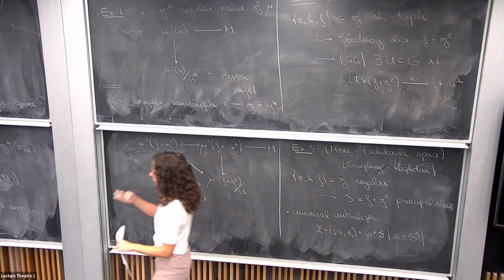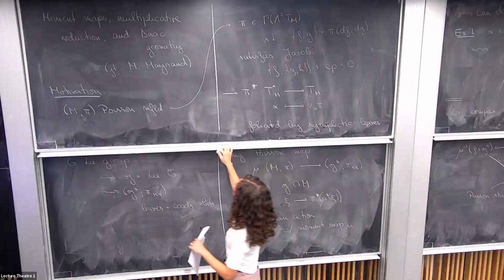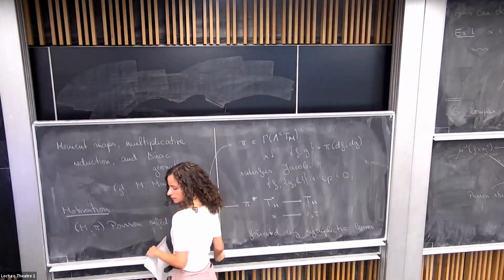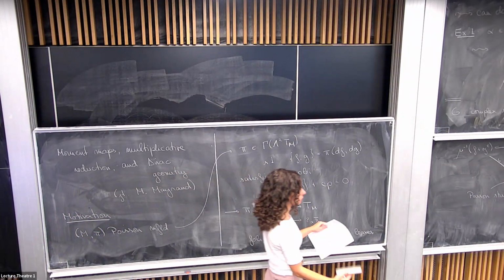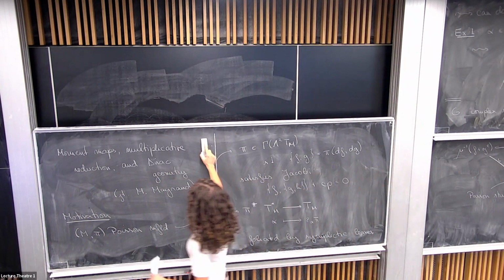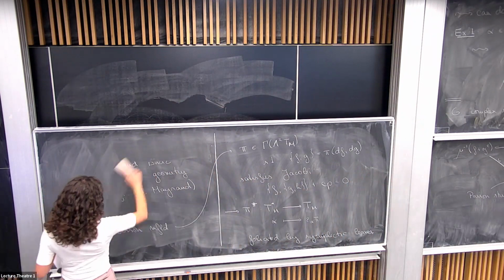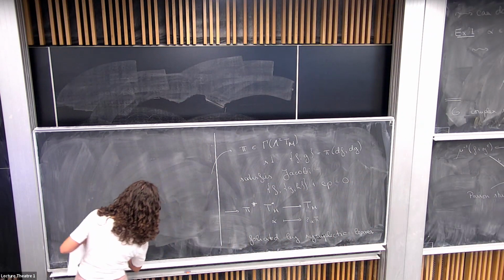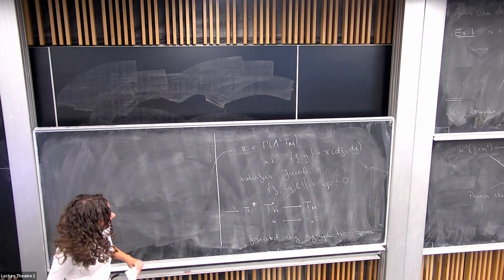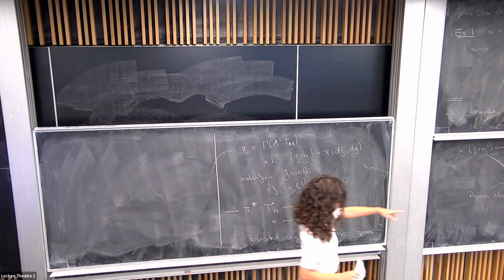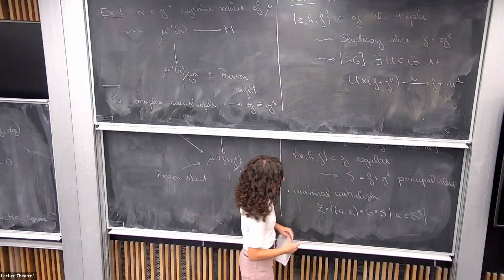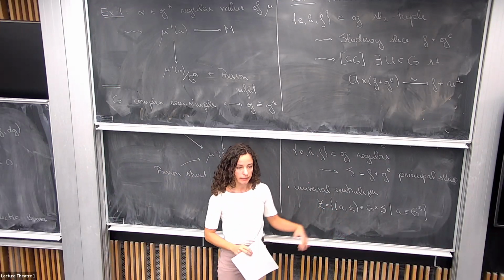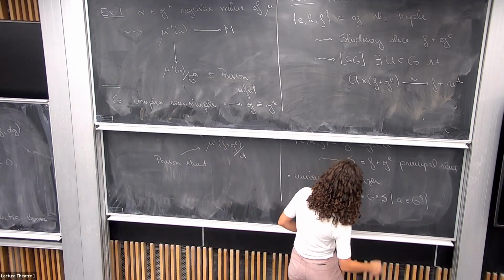So this is like the family of centralizers of points in the principal slice, and the principal slice is like a cross section to the regular adjoint orbits. So because each centralizer fiber in the group scheme is the centralizer of a regular element, it's an abelian group. So this is an abelian group scheme.